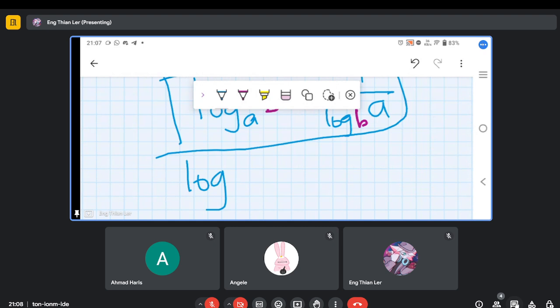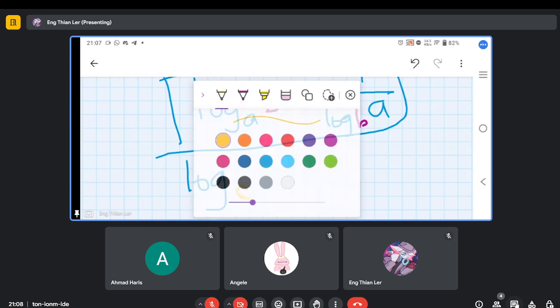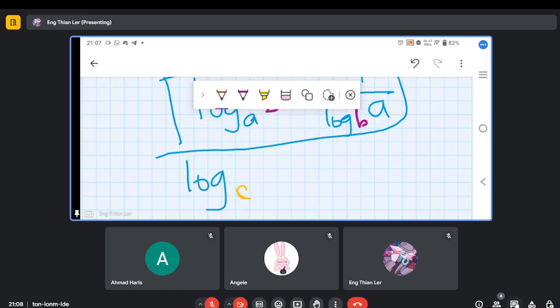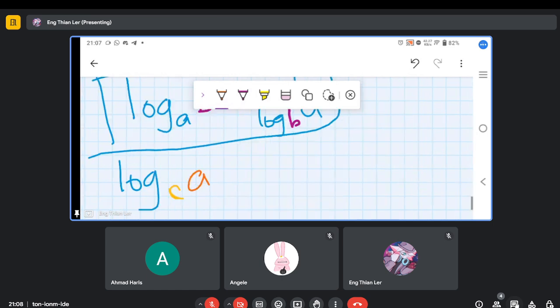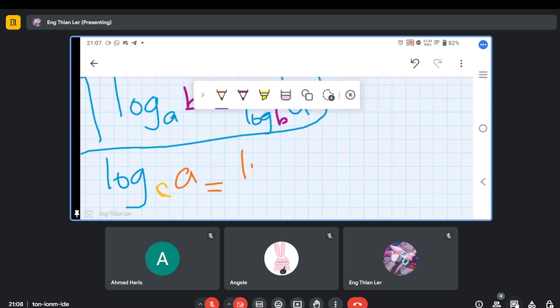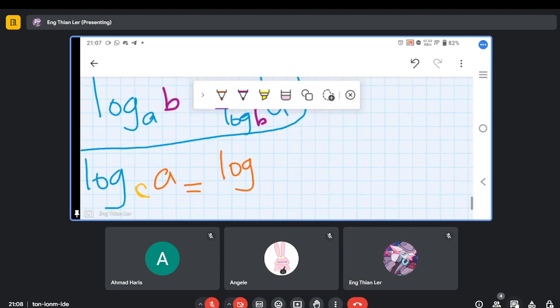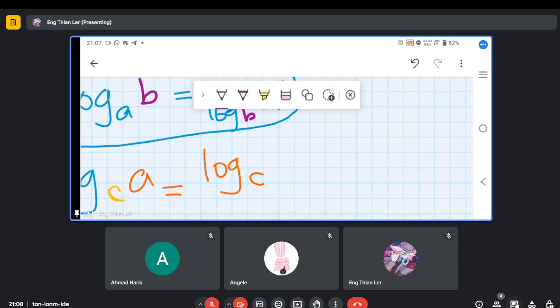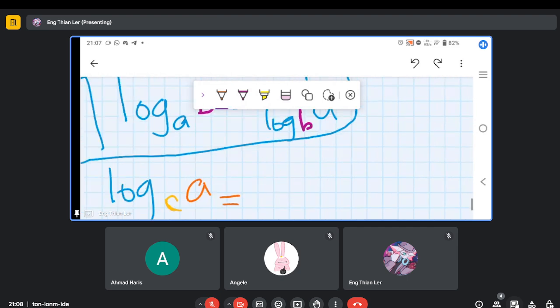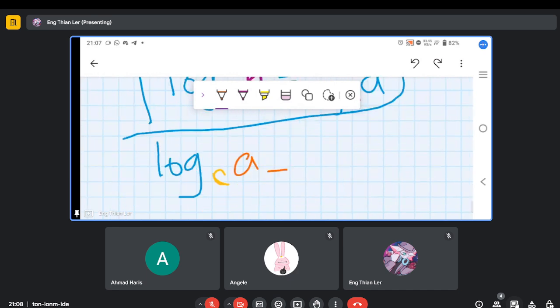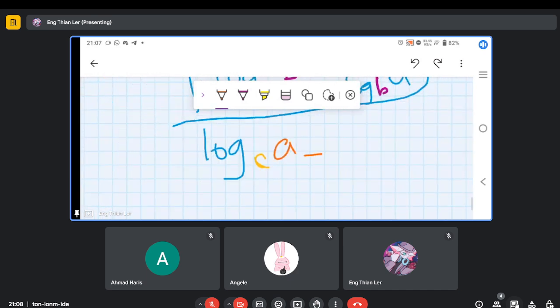This is C. C is the new base. Log C. Okay, log CA equal to log CB. Let me rewrite this first.